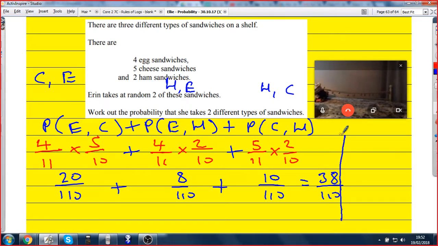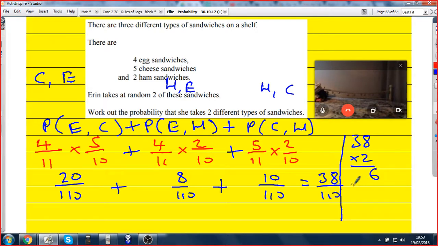Do 38 times 2. Yeah. So then you'd get 46. Seems kind of small.